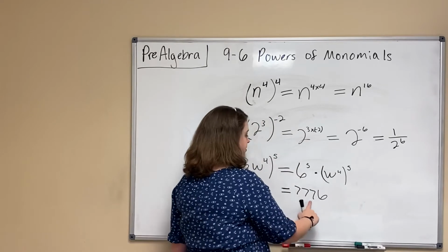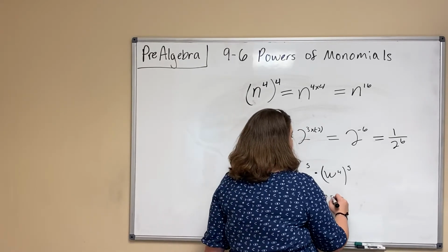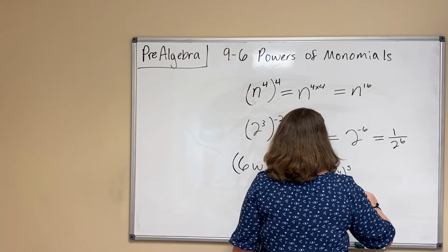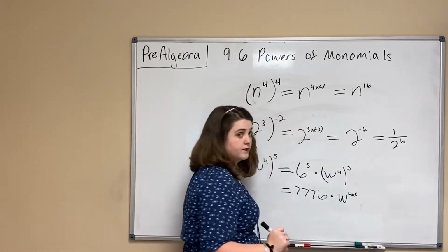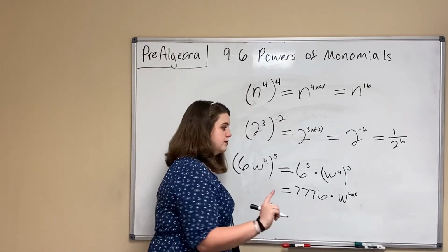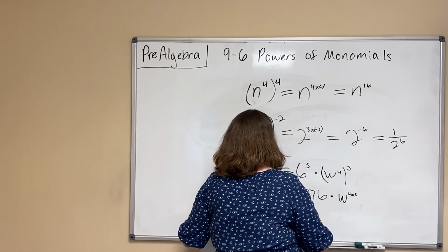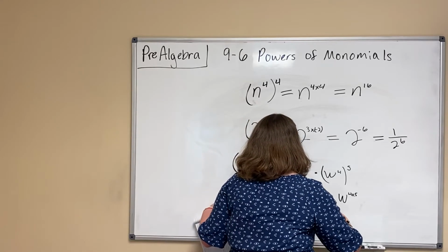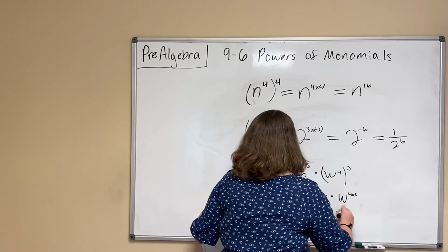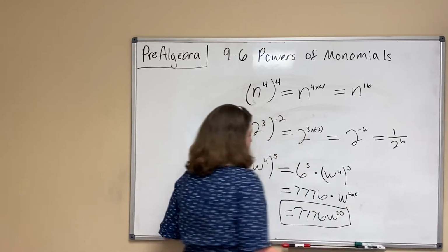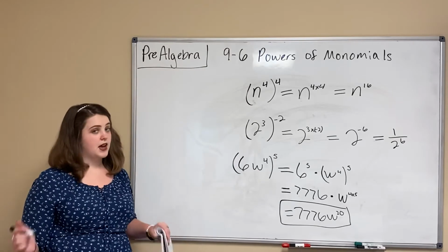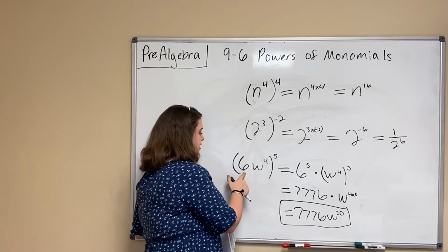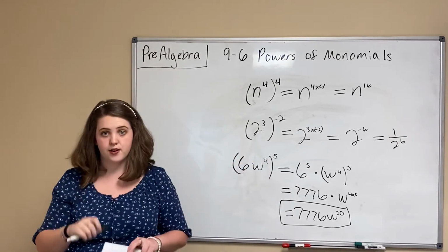So this is 7,776 times w to the 4 times 5. 4 times 5 is 20. So we're going to get 7,776 times w to the 20th as our answer. Now that adds one layer of complication, but just keep in your head, you have to raise each piece to the power.